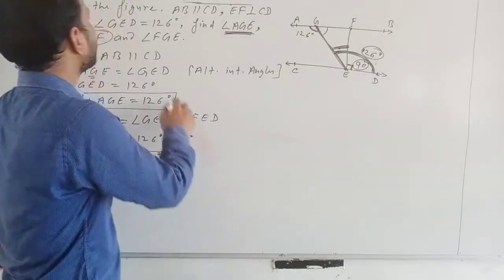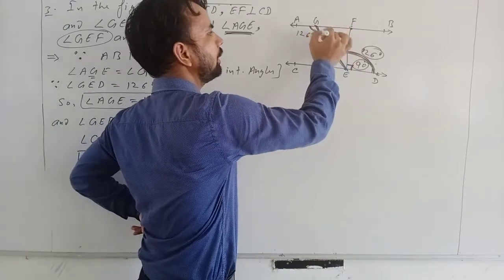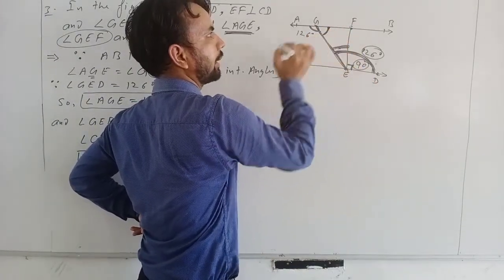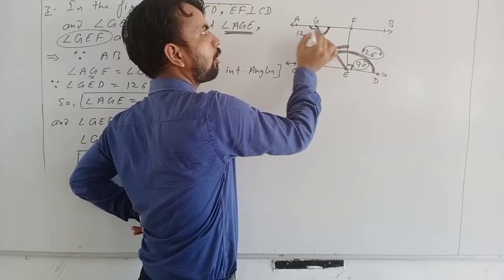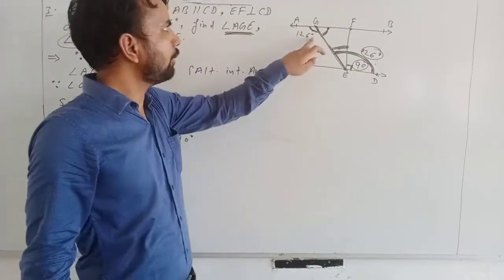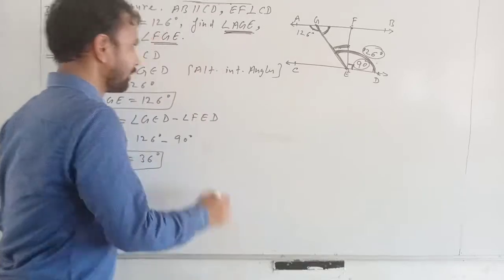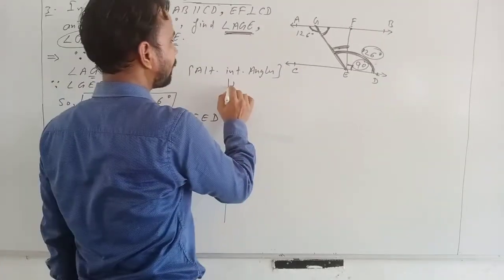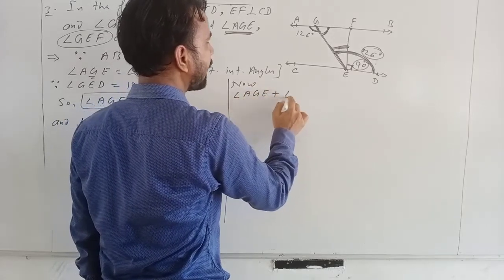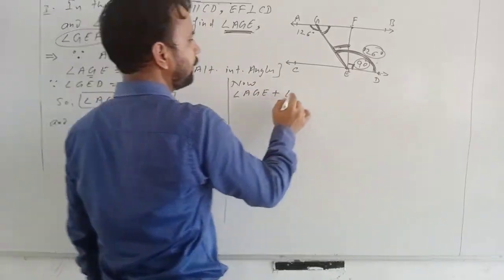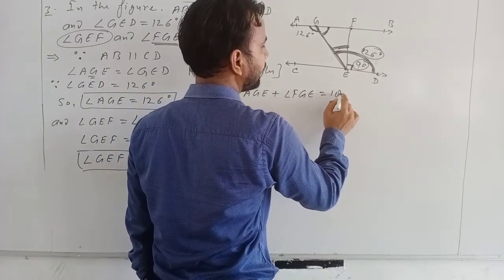Understood? Now the question is saying we have to find angle FGE. FGE is this angle we will have to find. Now see, this angle and this angle form a linear pair. If they form a linear pair, then their sum will be 180 degrees. So angle AGE plus angle FGE equals 180 degrees.